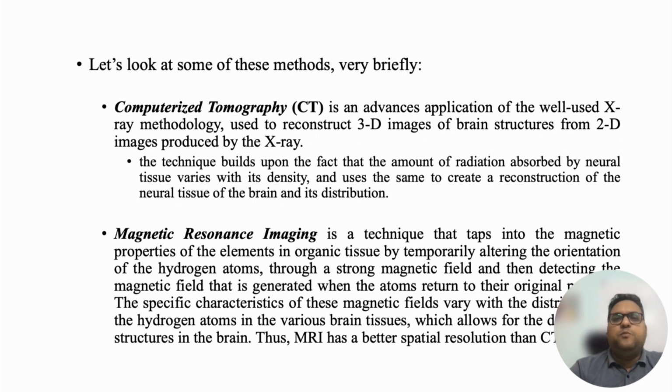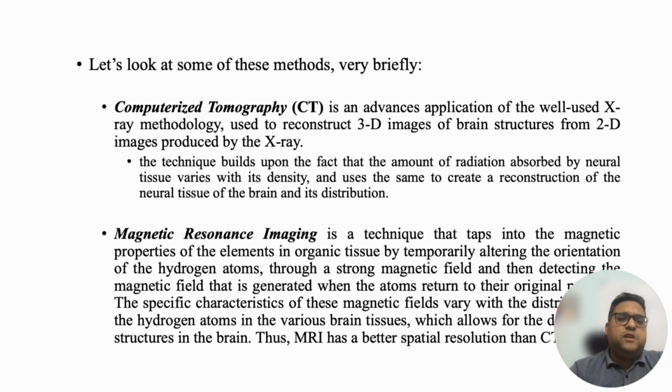It is this information that the CT scan uses to construct a three-dimensional image of the brain. It allows us great insight into the anatomical structure of the brain, and accordingly lets us know if there are any lesions or injuries in the brain, which can be seen through this kind of X-ray.